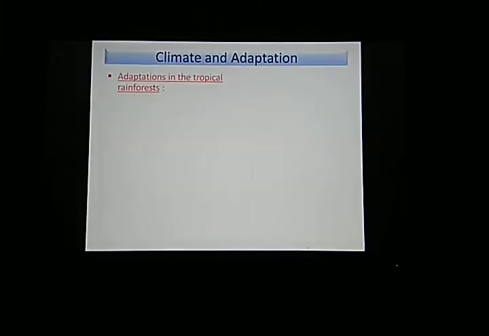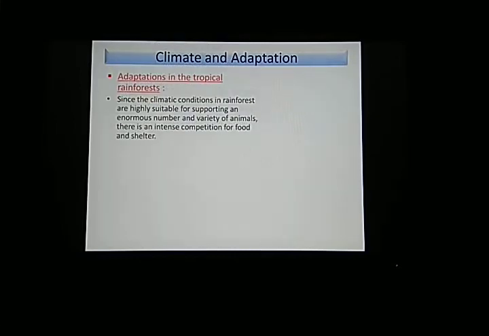Now we'll be discussing something about the adaptations, how the animals adapt themselves in those tropical rainforests for their survival. So the first one is, since the climatic conditions in the rainforest are highly suitable for supporting an enormous number of plants and animals, there is an intense competition for food and shelter as well.